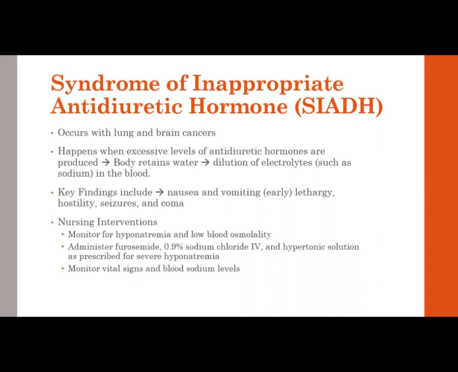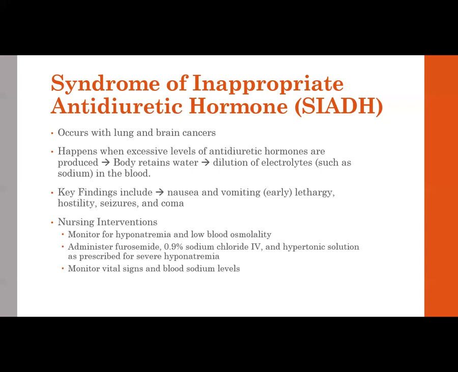Your key findings are things like nausea and vomiting, which are early, lethargy, hostility, seizures, and coma. With it, your nursing interventions would be monitoring for hyponatremia and low blood osmolality.